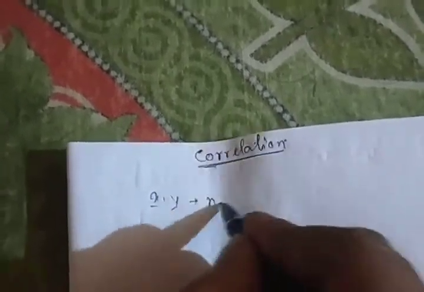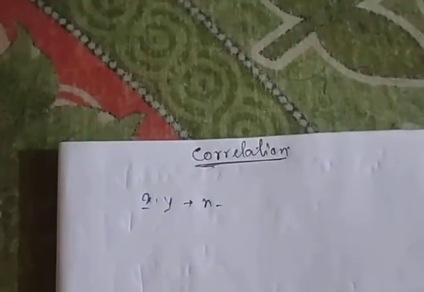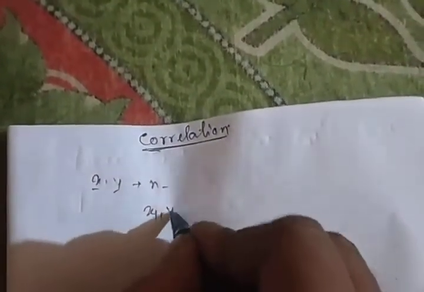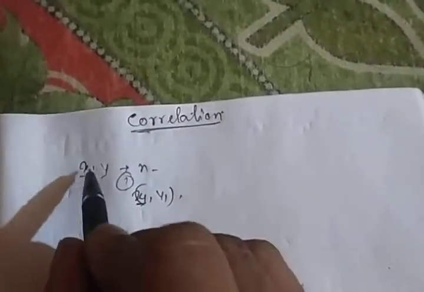First, if we collect two data, x and y, for n distinct individuals, then the data will be taken as x1, y1. x1 is the data for one individual: x1 is the data corresponding to the x character, and y1 is the data corresponding to the y character.